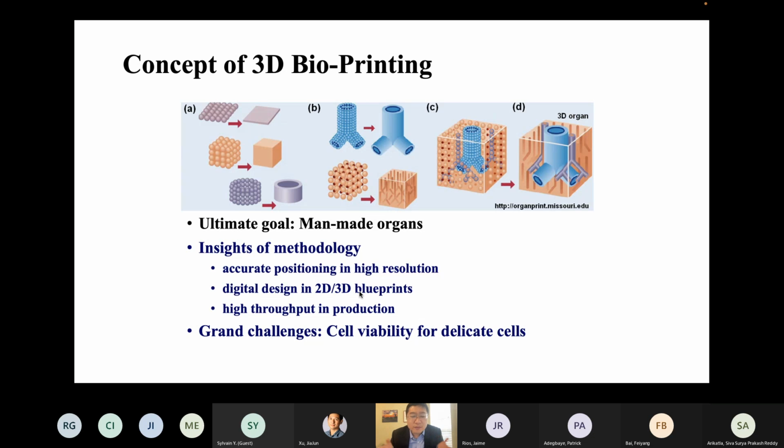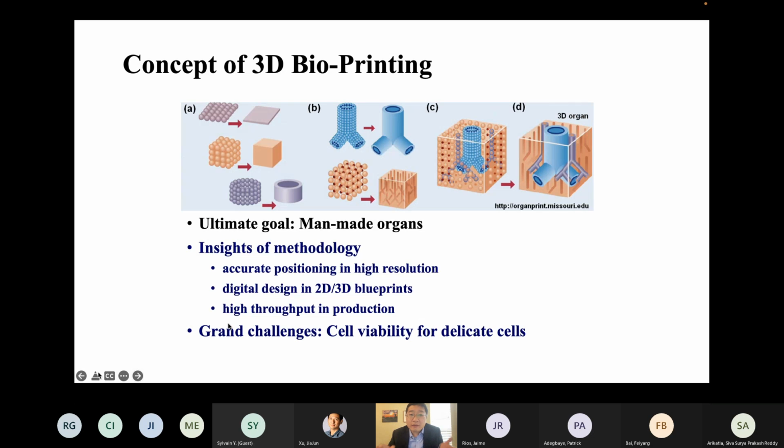It's achievable for most people, but if you are familiar with 3D printing, you would know that printing speed is a little bit low. And sometimes we need to wait overnight or maybe a few days. So high throughput is a problem, especially if we consider bioprinting.